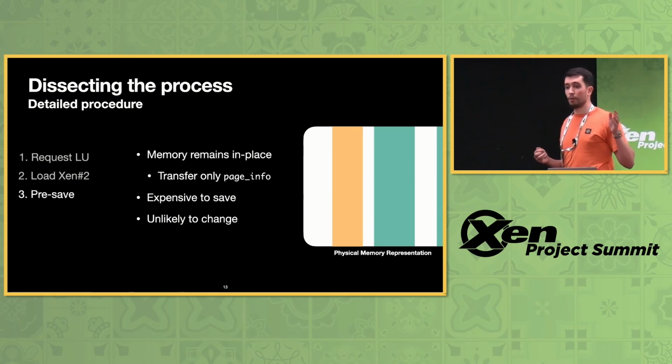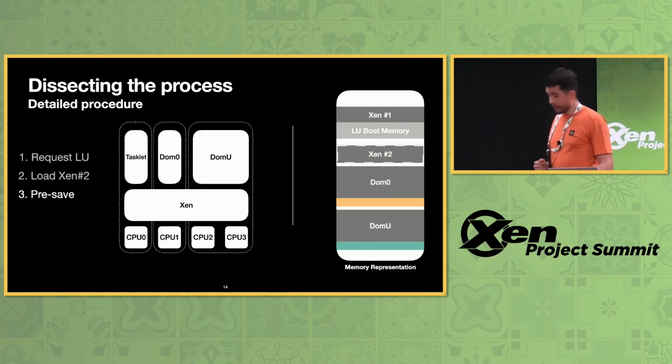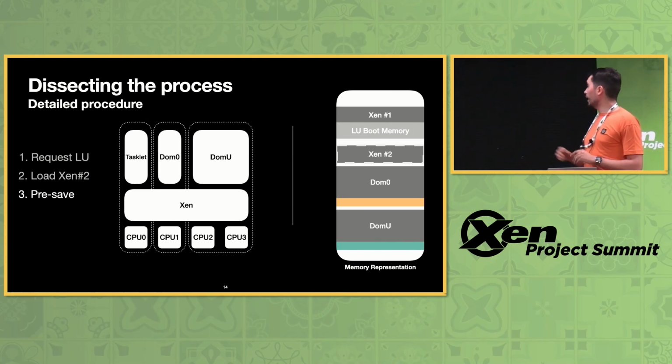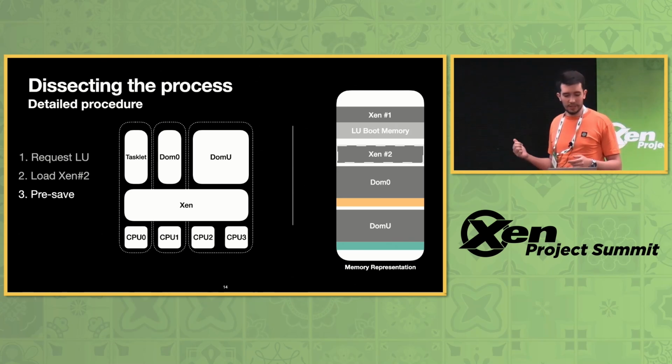We have to iterate through all of the page infos, and yeah, it is expensive. The good thing, as I said, it is unlikely to change, so we can afford to do that before the pause of the domain. And so eventually we can save that and put that just next to each of the domain. I shouldn't have put the orange bar for DOM0 because it's a PV. Just realized my mistake. Sorry about that.